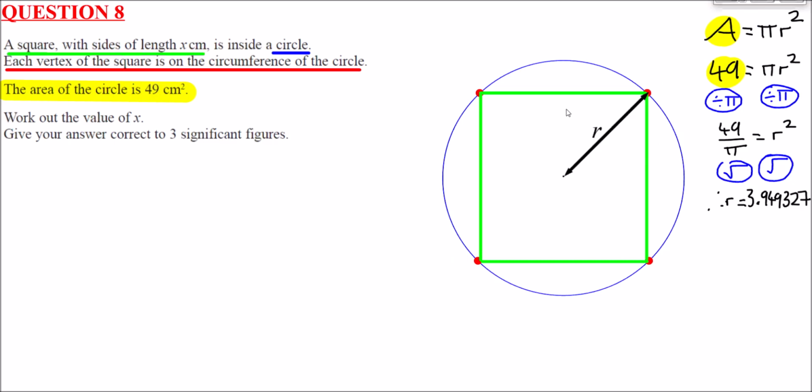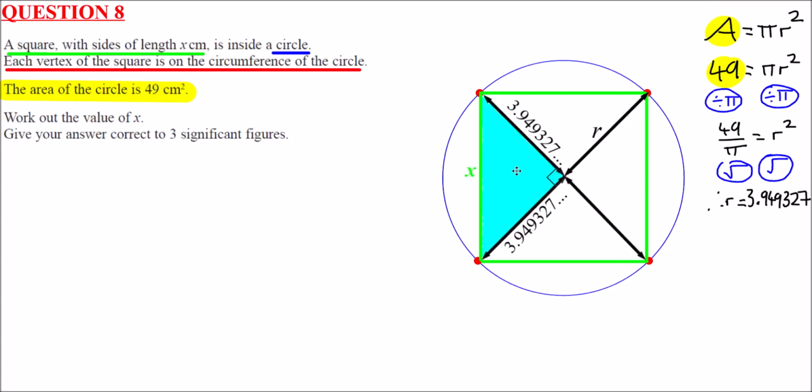The next thing we can do, using this value of r, is section out this square into 4 exact equal triangles, 4 congruent triangles, centered on the center of this circle itself. If I divide this square into 4 triangles and label on the radius, we'll get something like this.